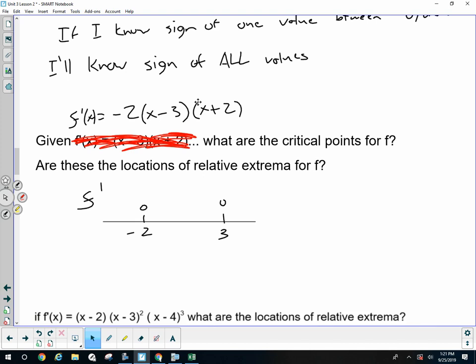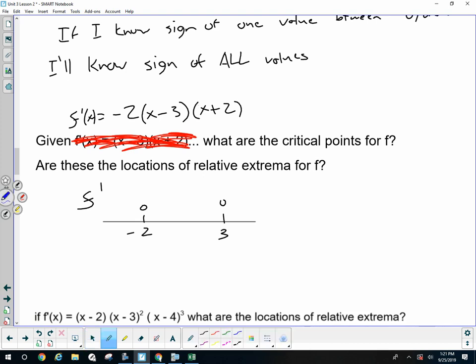So be careful. If I plug in 4, negative 2, that's a negative, times 4 minus 3, positive, 4 plus 2, positive. Flip that. You don't have to write down numbers. If it helps you to write down numbers, great.